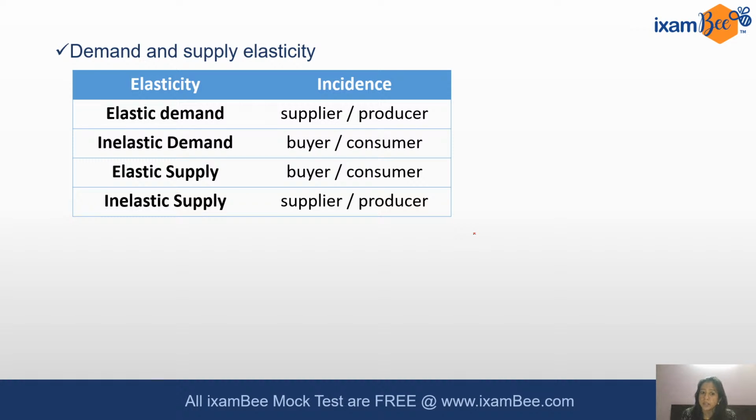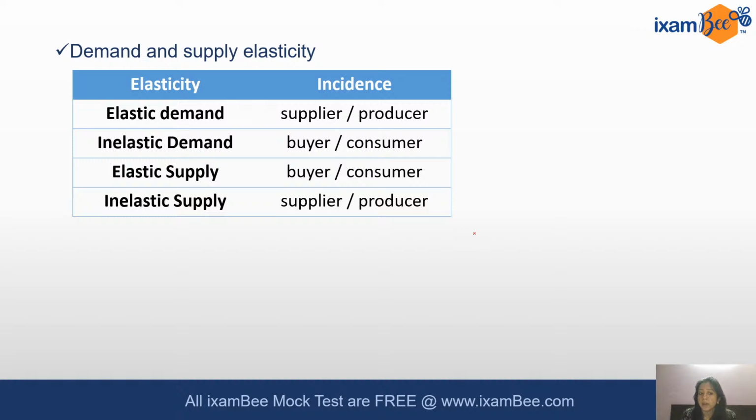But when there is inelastic demand, then the burden of the tax will be on the buyer, because I cannot change the commodity demanded. I cannot change my necessity; if I need something and I have to buy it, I cannot alter my demand. In that situation, the buyer is the one on whom the incidence of the tax will fall.